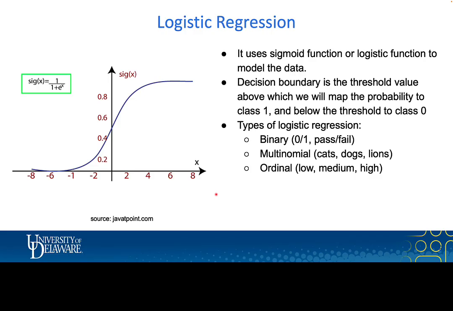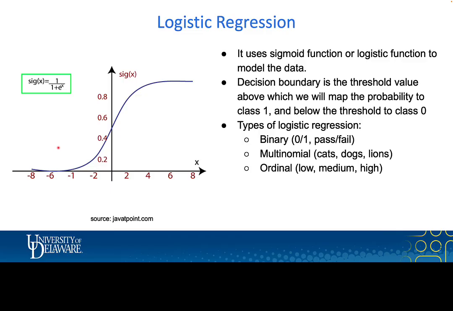Logistic regression uses the sigmoid function or logistic function to model the data. It is a predictive analysis algorithm which works on the concept of probability. Given a set of observations, logistic regression algorithms help us to classify these observations into 2 or more discrete classes.